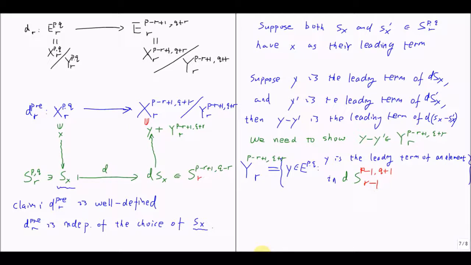Now, to show that y minus y prime is in here, it suffices to show that d of s_x minus s prime sub x is in here.